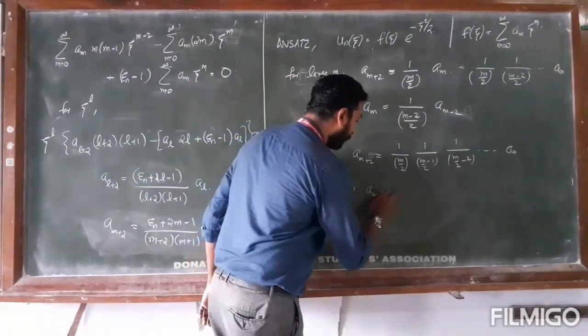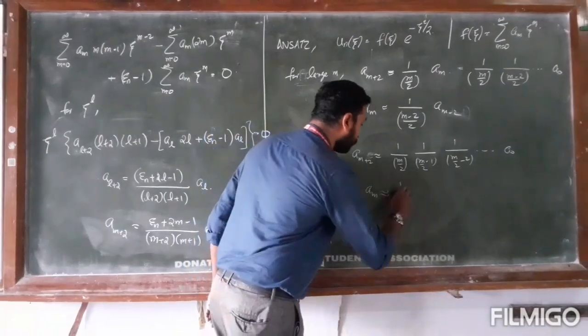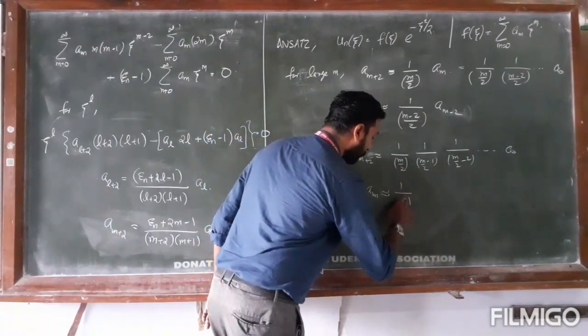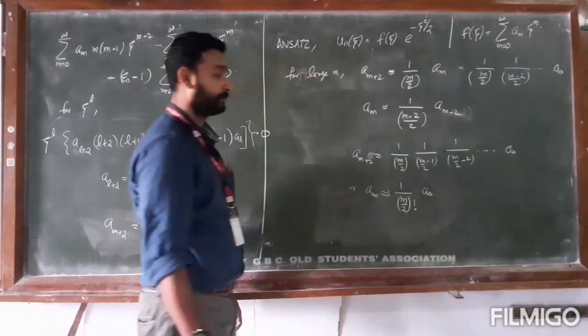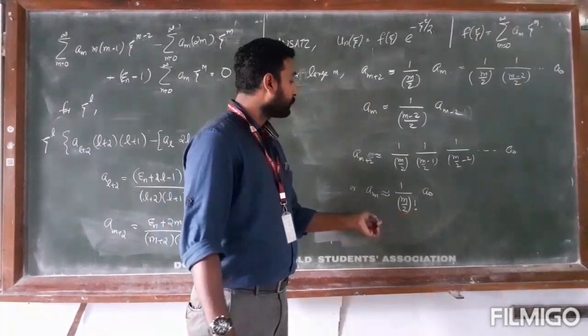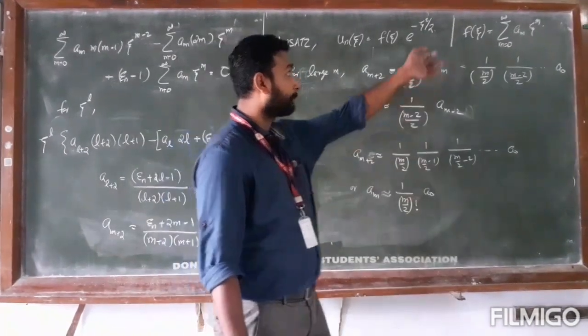The functional form of a_m is approximately 1 by m by 2 factorial. If a_m takes this form, I will get the approximate solution for f of theta.